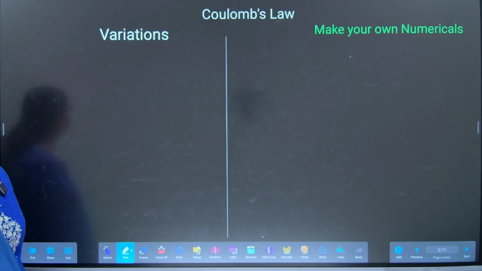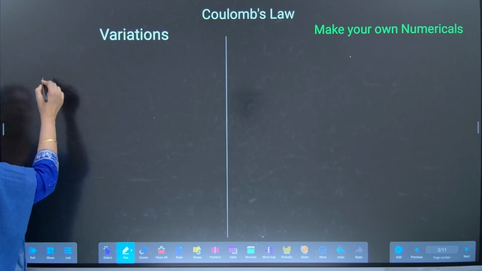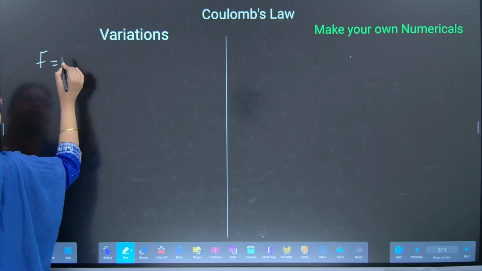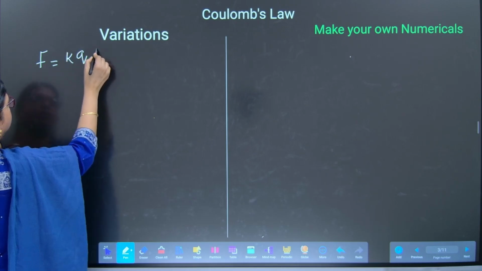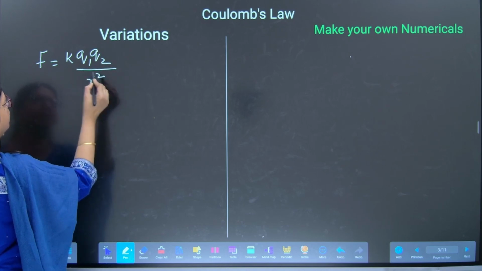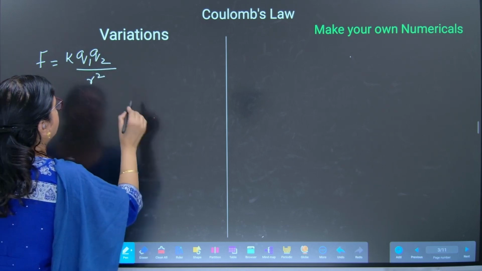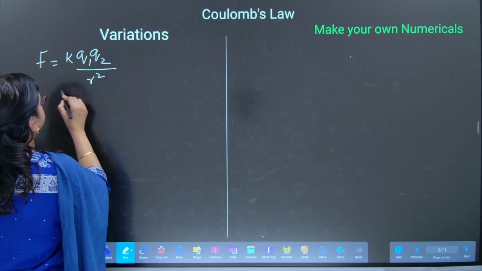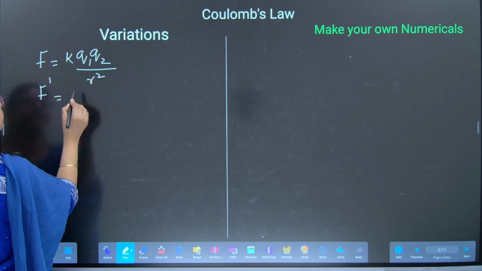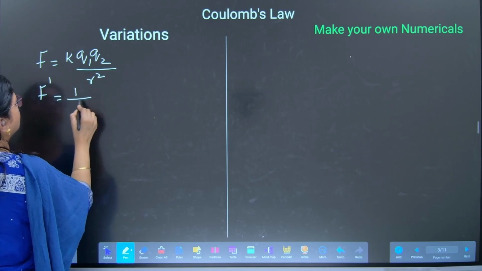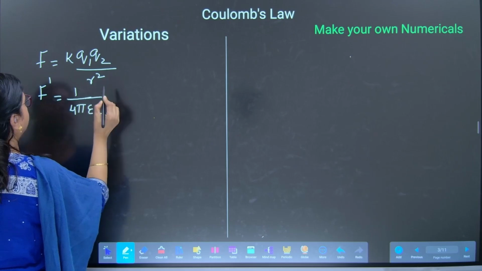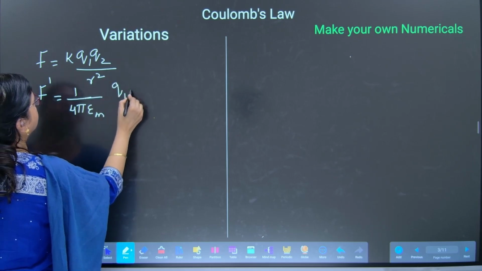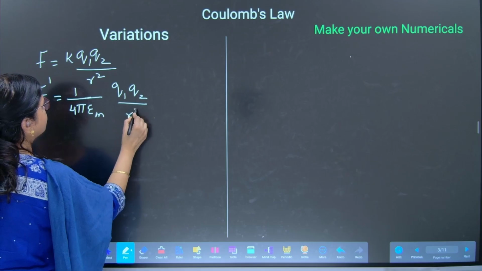So, having formulated the Coulomb's law, now let us talk about the variations of the law. Now, we have already written the formula of the force between the two charges as F is equal to K Q1 Q2 upon r square, where we kept both the charges in vacuum. Suppose we don't keep the charges in vacuum, then we write the formula as 1 upon 4 pi epsilon m, Q1 Q2 upon r square.